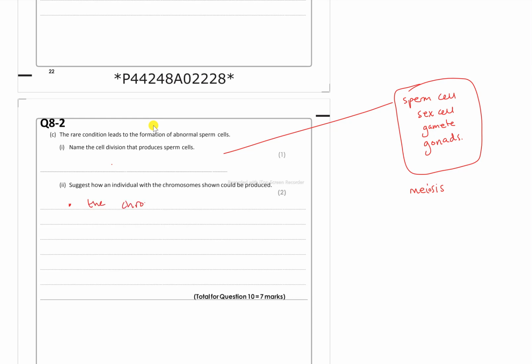Right, so what could have happened here is the chromosomes may have failed to separate. The gamete, which is the sperm cell, may have had an extra chromosome.